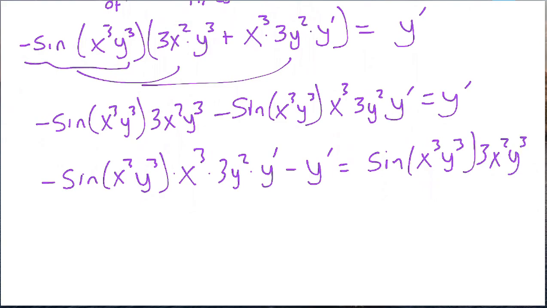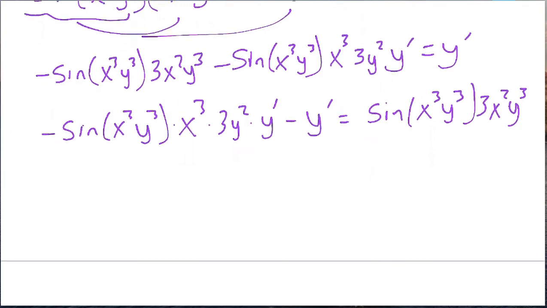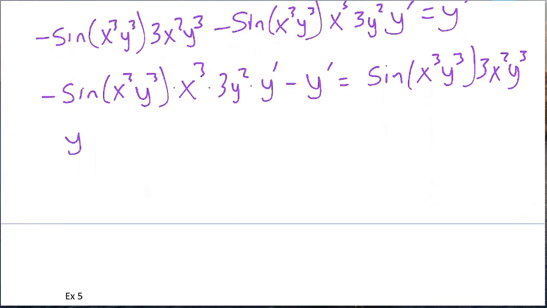Now I got that term. Now I'm going to factor out a y prime and leave everything else just the way it is, because I screwed up last time when I started to rearrange things.